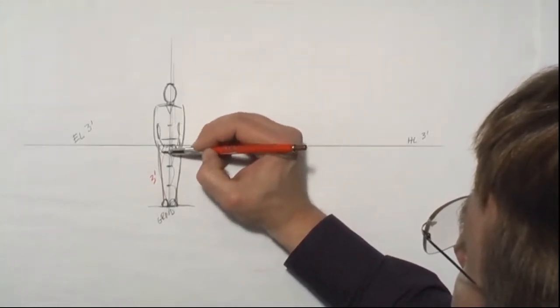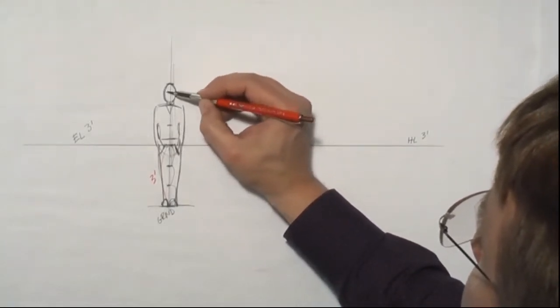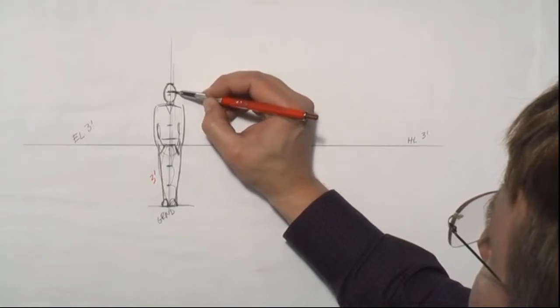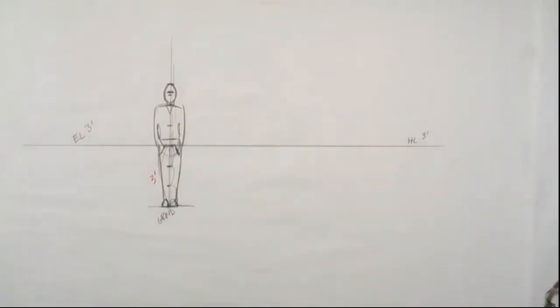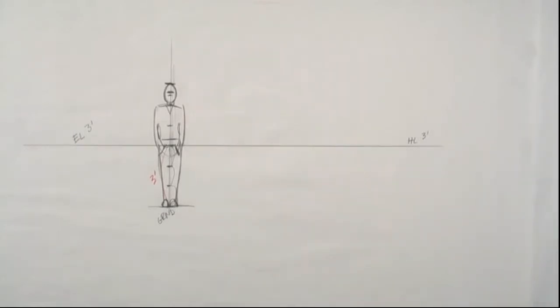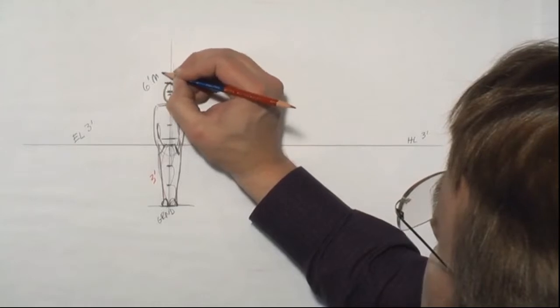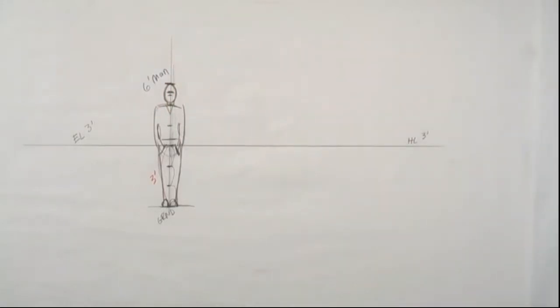Hang around with arms in the pockets, no big deal. All right. So that's our 6-foot man. I'll go ahead and use my blue pencil. Say 6-foot man. Okay. All right.